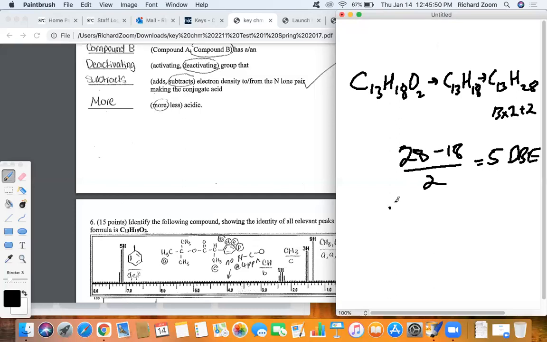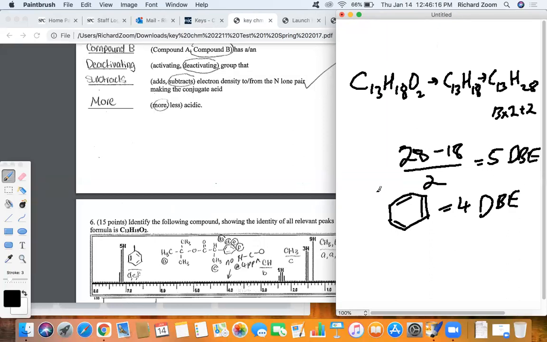So what that would tell us is that it has an aromatic ring, and that takes up 4 double bond equivalents. And that would mean we've got an aromatic ring and then one other double bond in the compound.